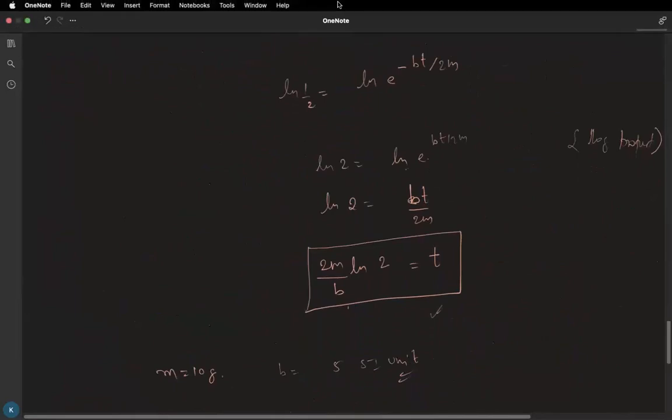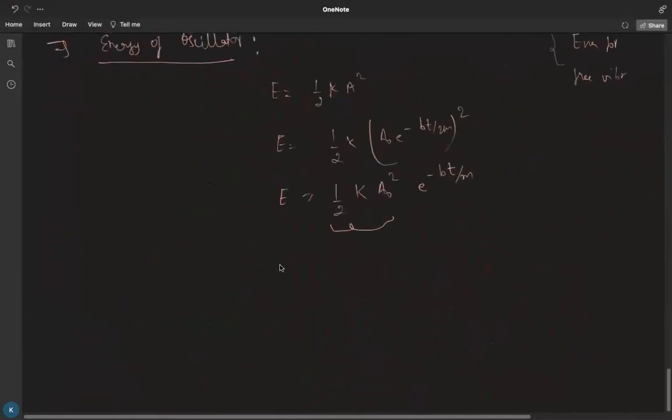So we get another relation here, which is E is equal to E naught e to the power minus bt by m. That means our energy is also an exponential decay. So our energy is also varying. It's not constant in damping, right?